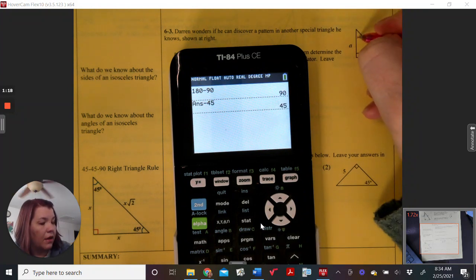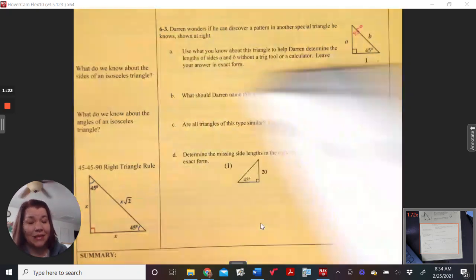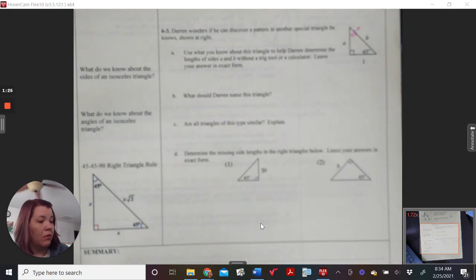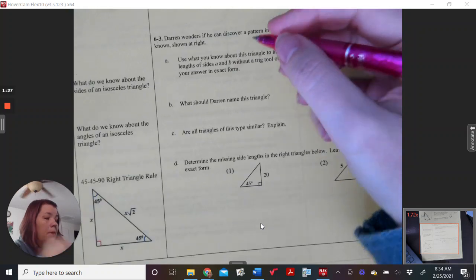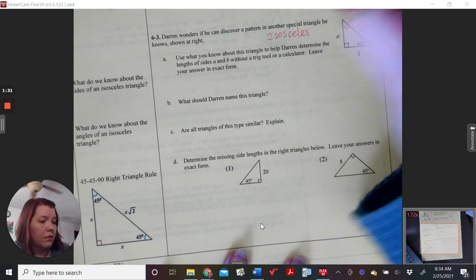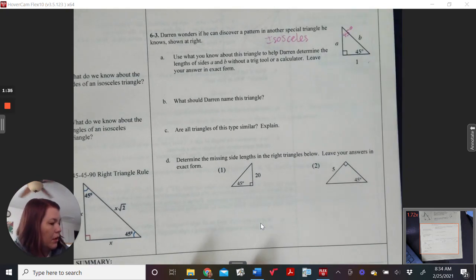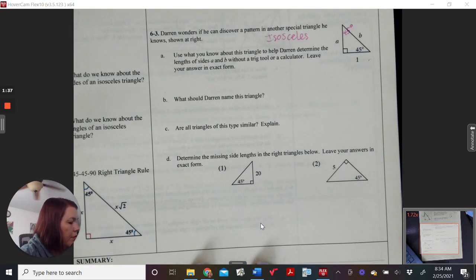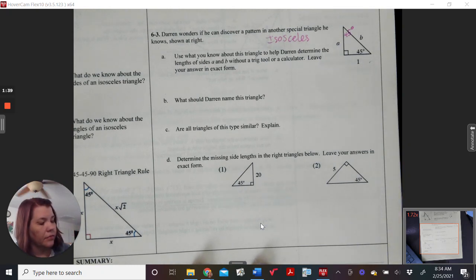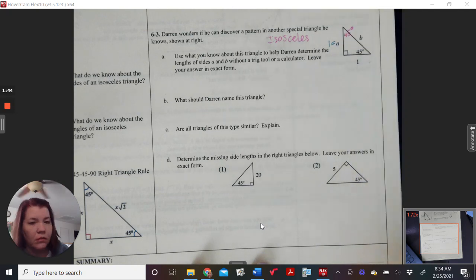So this other angle is 45 degrees, which makes this, since these two angles are equal, isosceles. But this is an isosceles triangle, which means that A must be 1. So A is 1. Great.